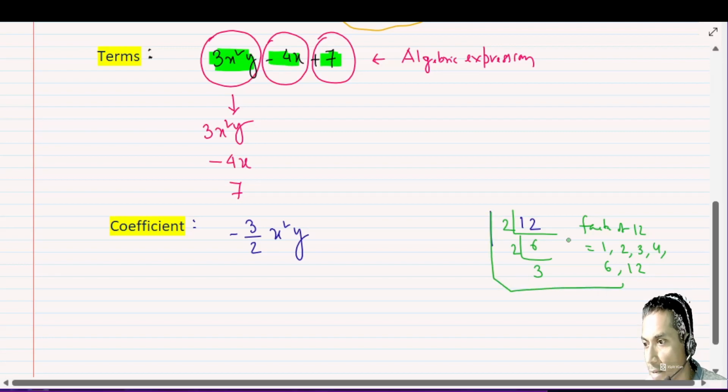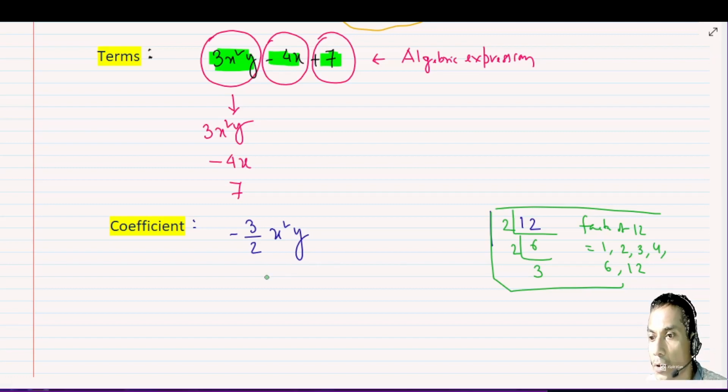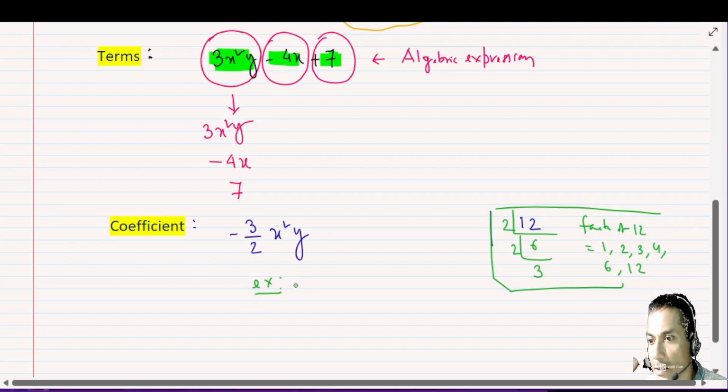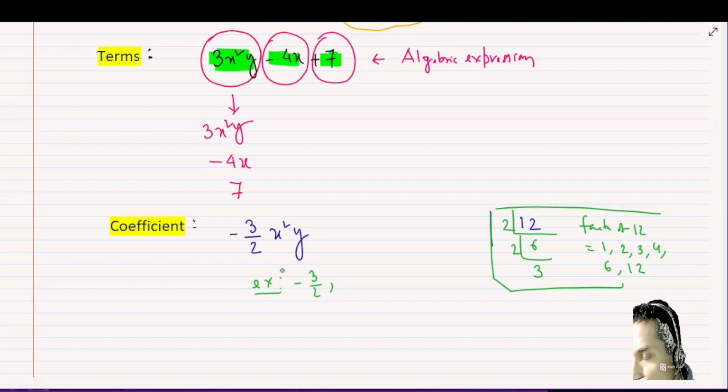Same concept applies here. If I ask what are the factors of this number, there are so many factors. For example, minus 3 by 2 is also a factor, because this entire algebraic expression is divisible by minus 3 by 2. Clear?